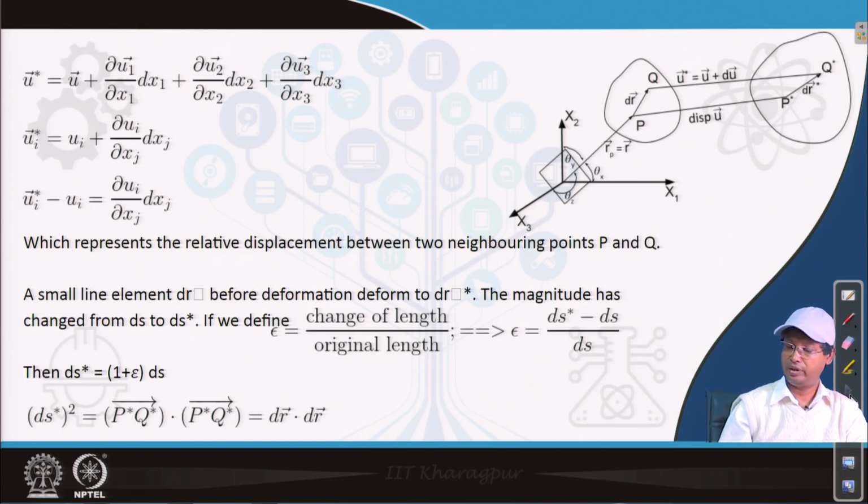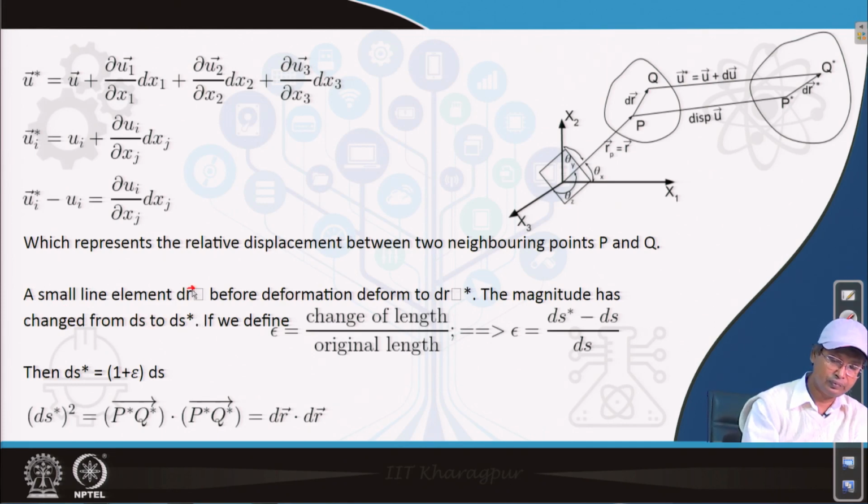So, this represents the relative displacement between the two neighboring points P and Q. A small line element dr before deformation deformed to dr star. This we are repeating.